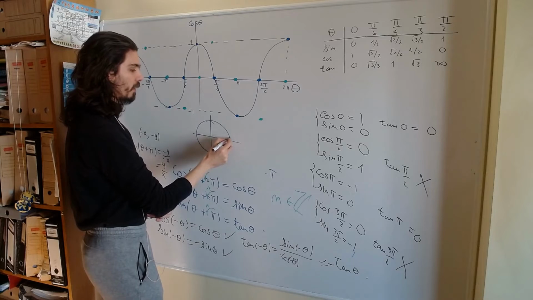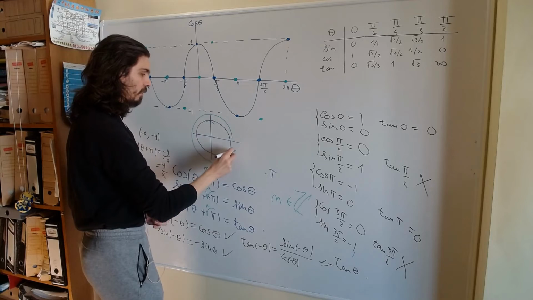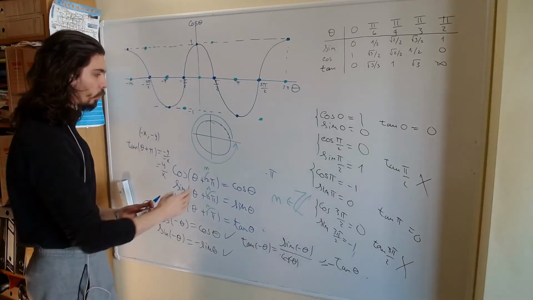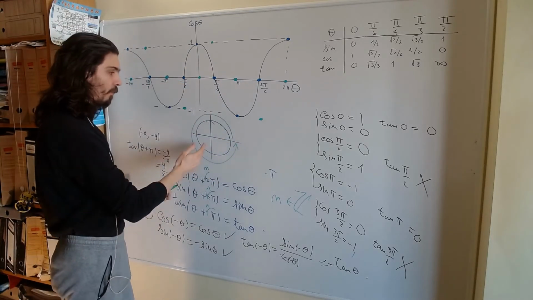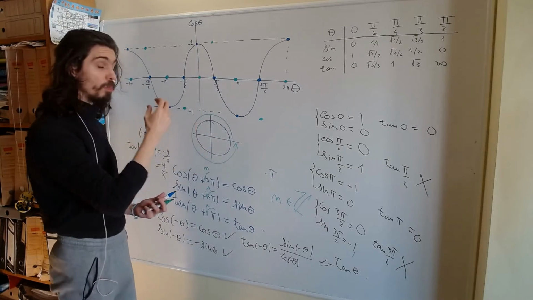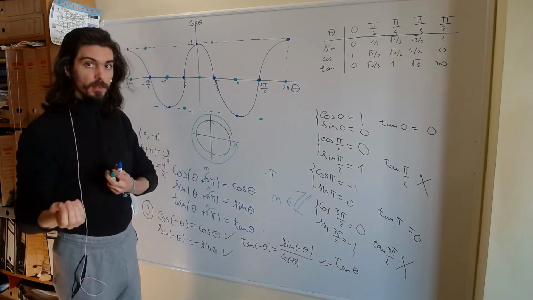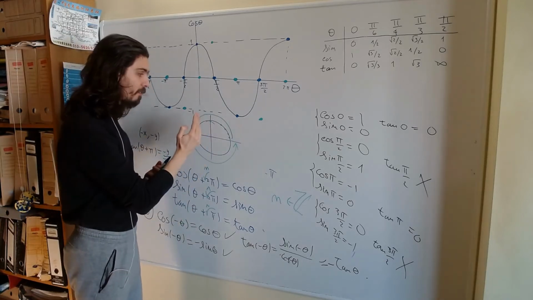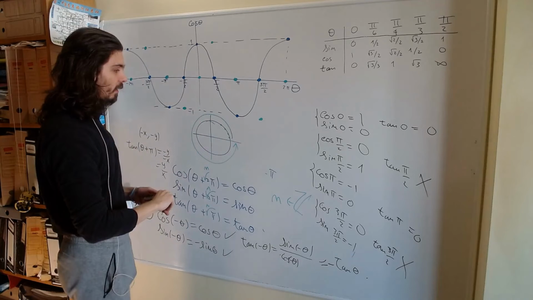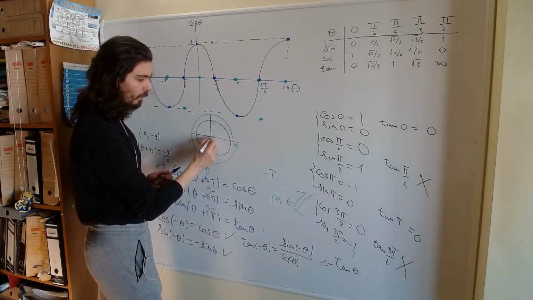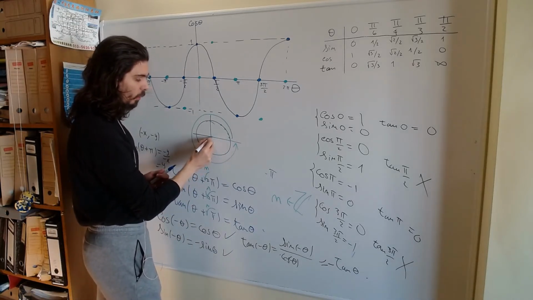So you start moving like this, right? As you go along. Okay? As you increase the angle like this, now focus on the vertical axis, because, as I said, the sine picks the y-coordinate. So the y-coordinate is on the vertical axis, okay? And so, in the beginning, when it's 0, the y-coordinate lives here. And then it starts increasing.